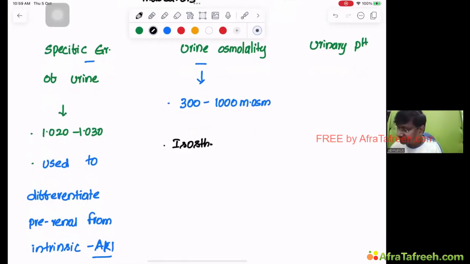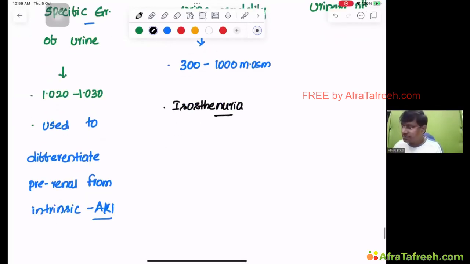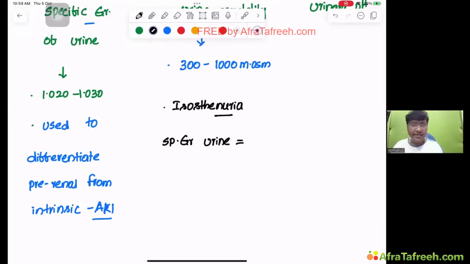Okay, what is isostenuria? Isostenuria means where the individual is excreting urine and the specific gravity of the urine is equivalent to the specific gravity of the plasma.